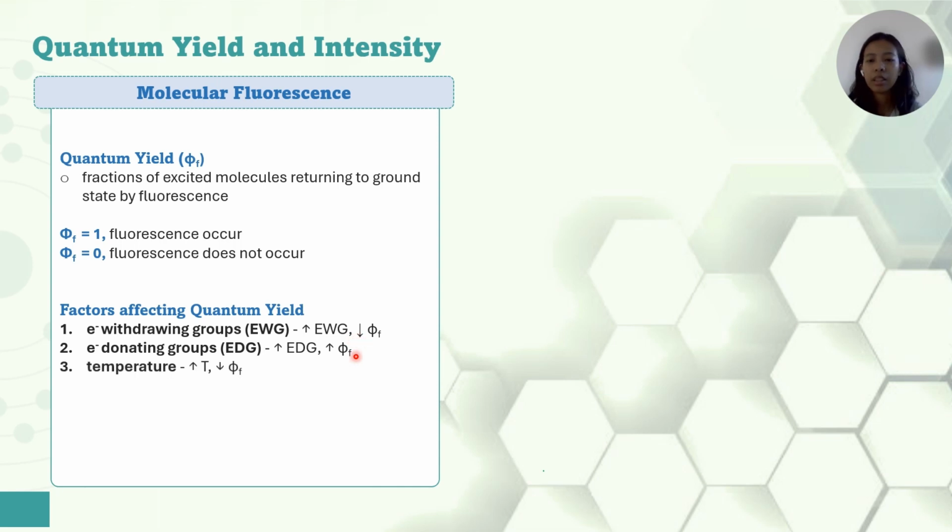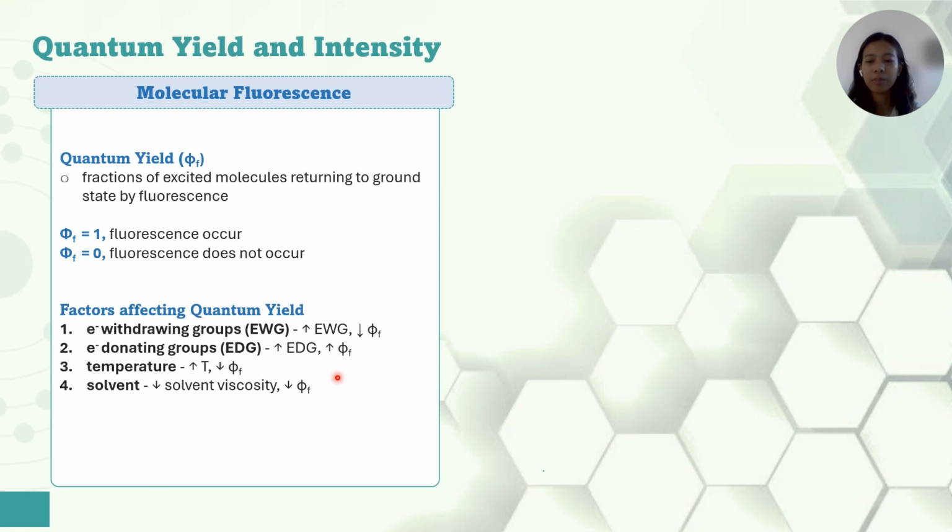As temperature increases, deactivation by external conversion has a higher chance to occur because of increased collision between molecules, thus lowering the quantum yield. For solvents, low viscosity solvents also have a higher chance to undergo deactivation by external conversion. That's why their quantum yield also decreases.